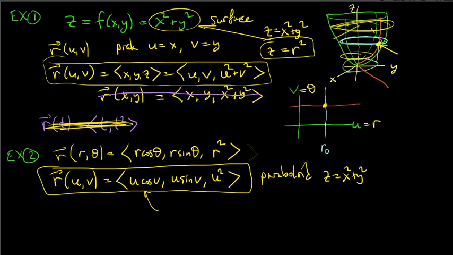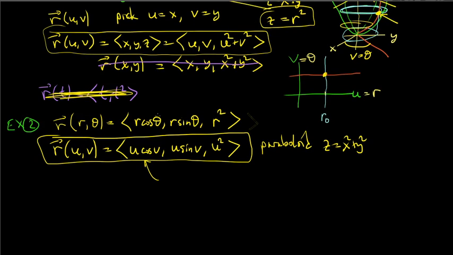What angle with respect to what? This is getting a little bit sloppy here, but this angle here, v, which is theta, is just the angle with respect to the x-axis. So that fixes a location on the paraboloid. Okay, so two different parameterizations of the same paraboloid.